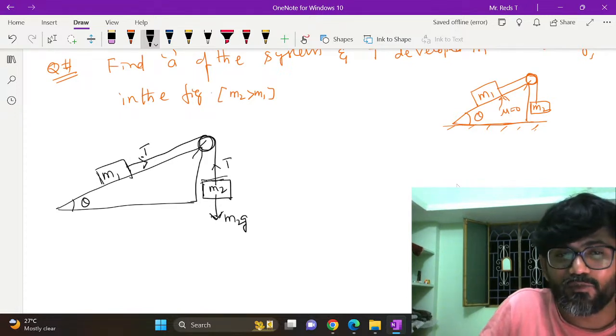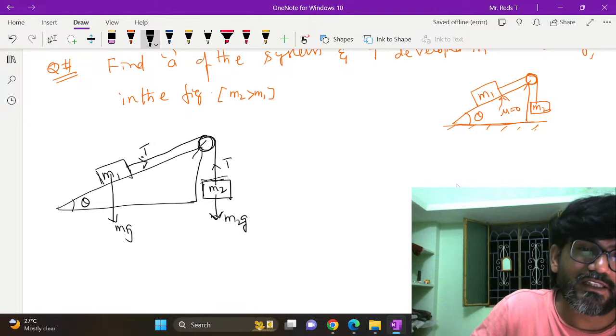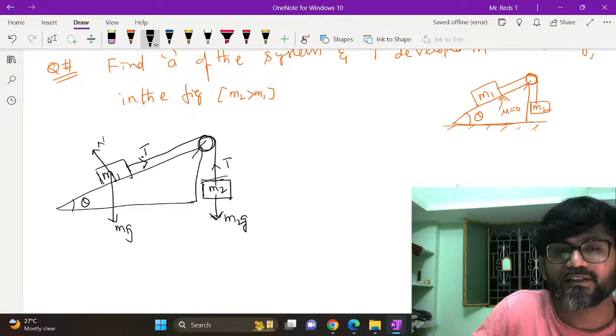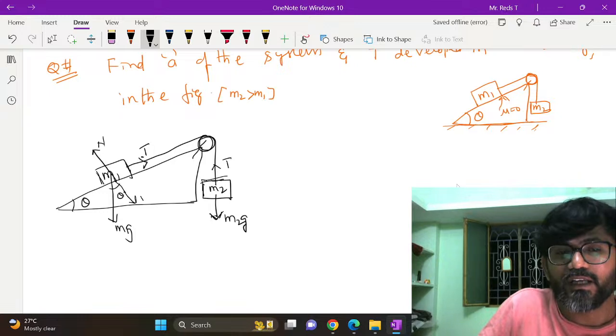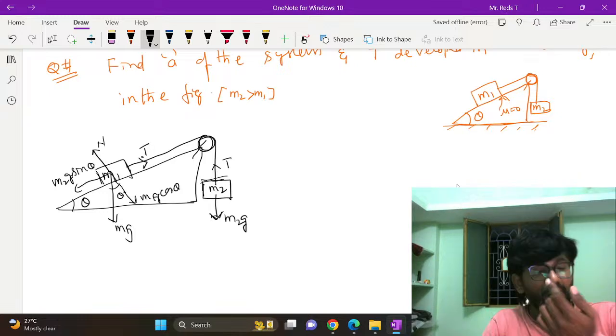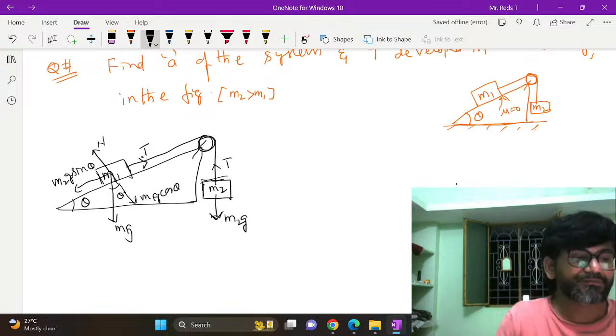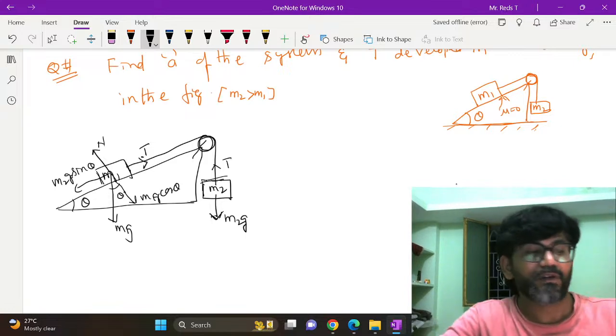Then what about M1? On M1, M1G acts vertically downwards, and the normal reaction force, normal to the surface, acts in this direction. By symmetry, this angle will be theta, down the inclined surface.